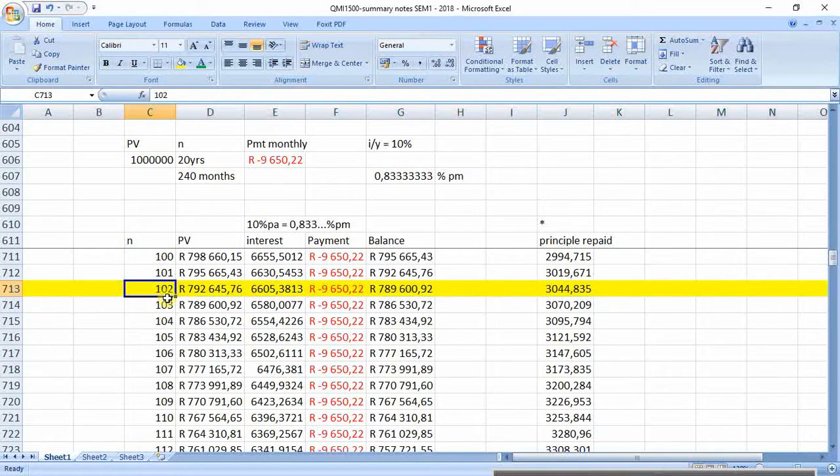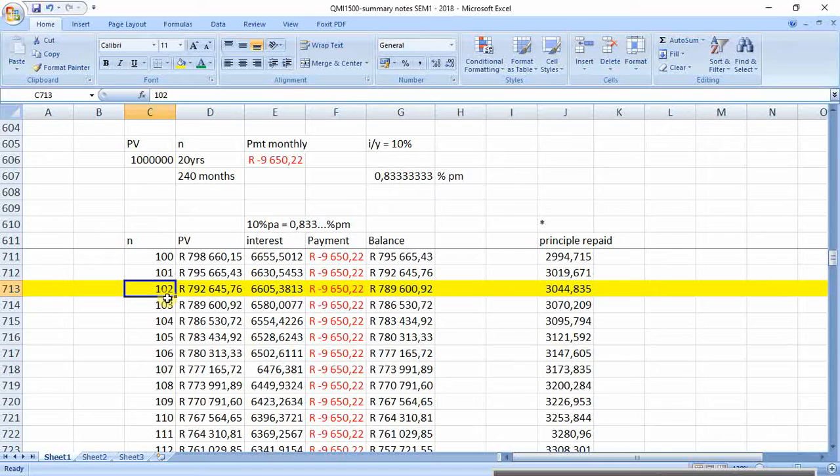Alright, so what is P1 going to be? 102. So set it as 102. Press enter. Did you set it? Well, I don't think you did. Let's go back.